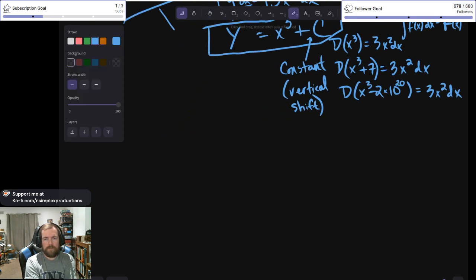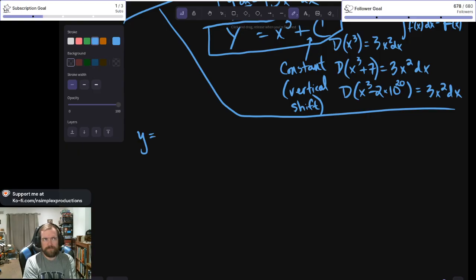Okay. Now, when we do this antiderivative stuff, and we start with something like y is equal to 7x squared minus x plus 1, then what can we do with it?